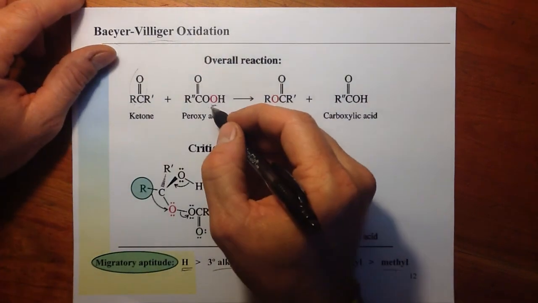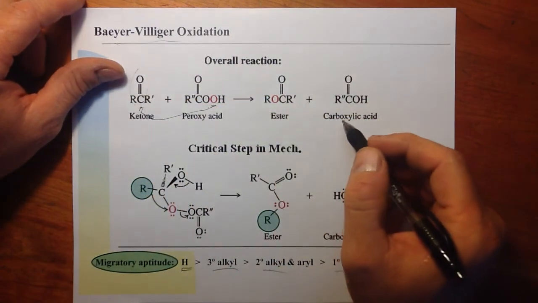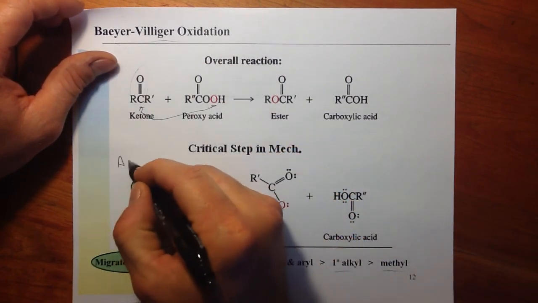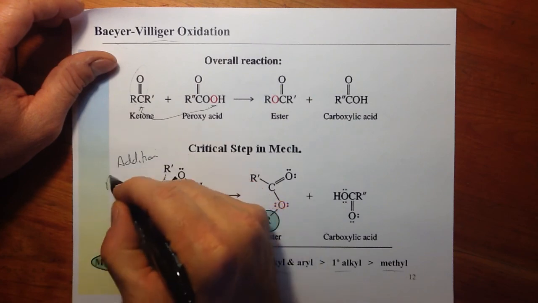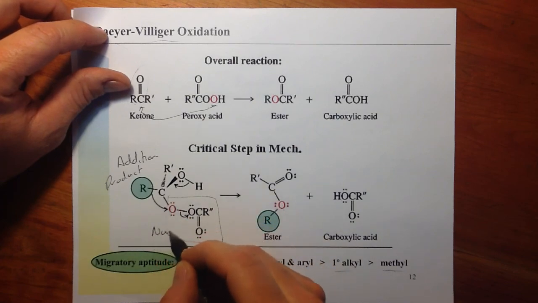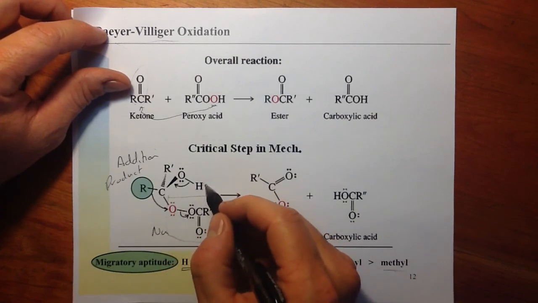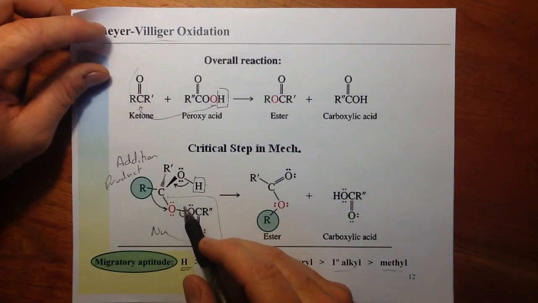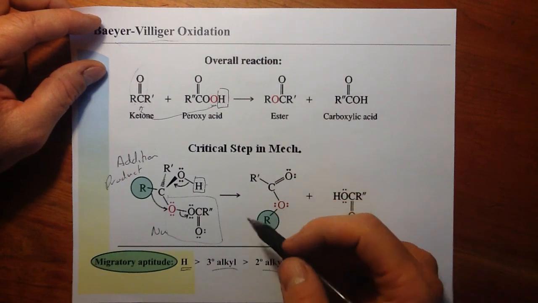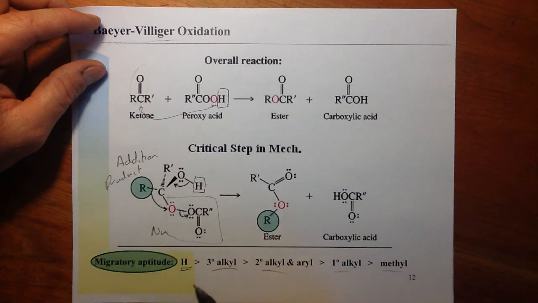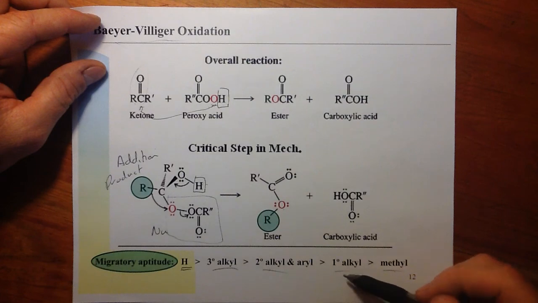The way this works is it's really just an attack on the carbon to make an addition product, and we transfer a proton over. There's something that happens from that addition product of the peroxy acid, where it has acted as the nucleophile and transferred its proton, the one that's here. But we then have a relaxation from the tetrahedral state, with a migration of that R group. If it's a hydrogen, take it. If it's a tertiary, take that. If it's secondary, take that if you don't have any of the others, and then on down the line.